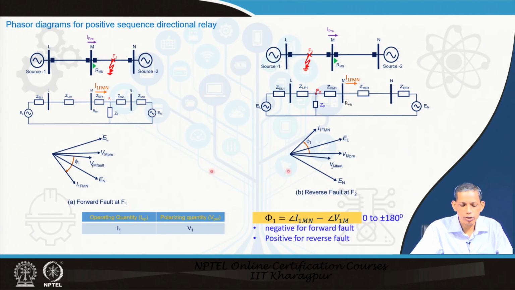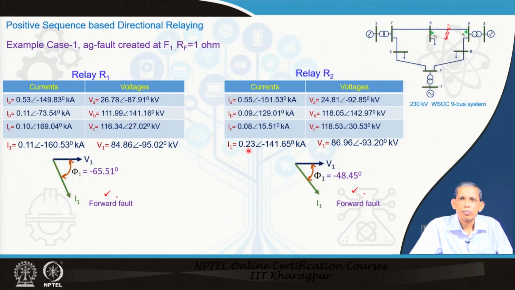Note that based on these phasor diagrams, this angle phi 1 is limited to plus minus 180 degrees. That has to be seen in case of the calculation. So, we say that the positive sequence based directional relay can be obtained from the angle phi 1, which equals angle of I1 minus angle of V1 at the relay bus.